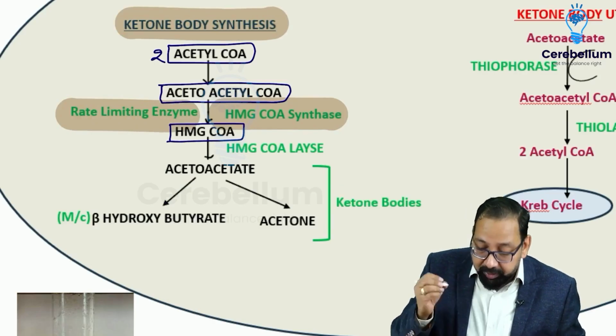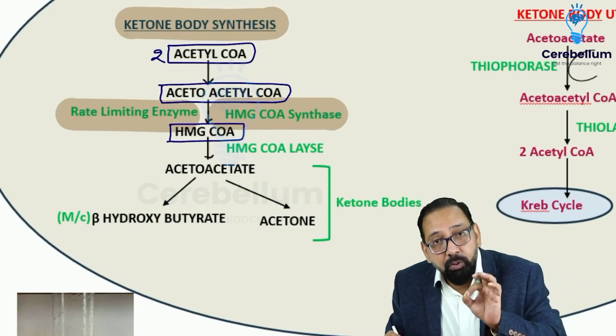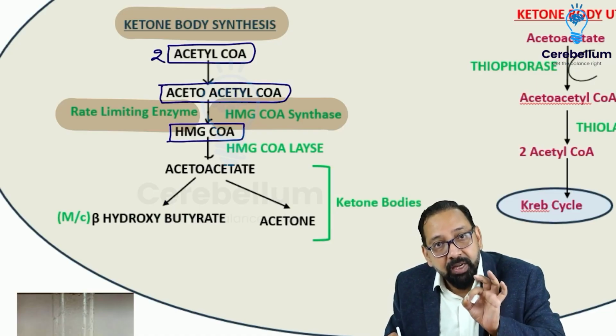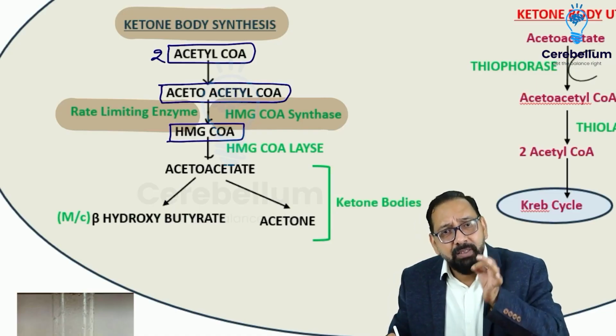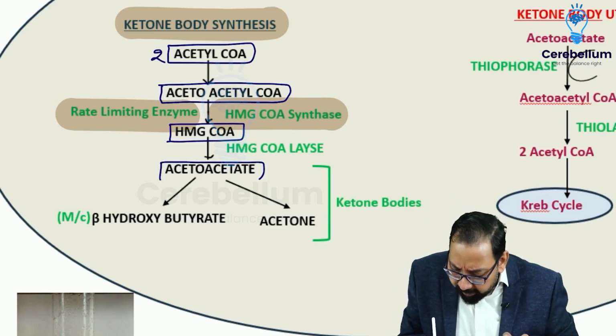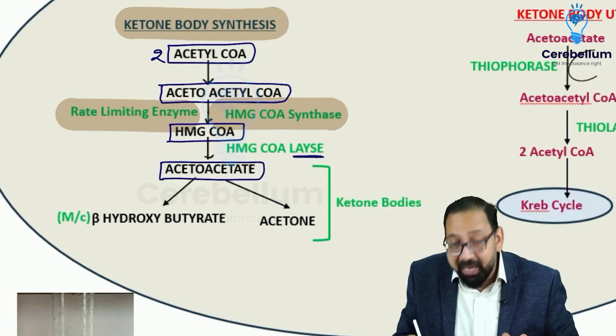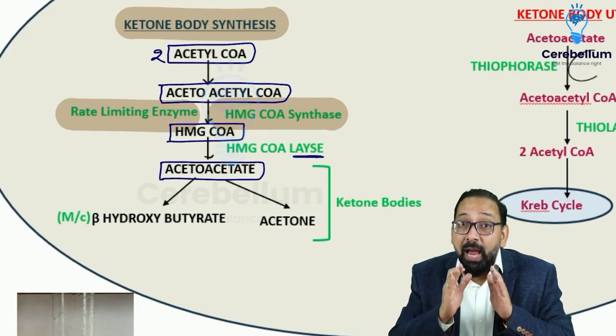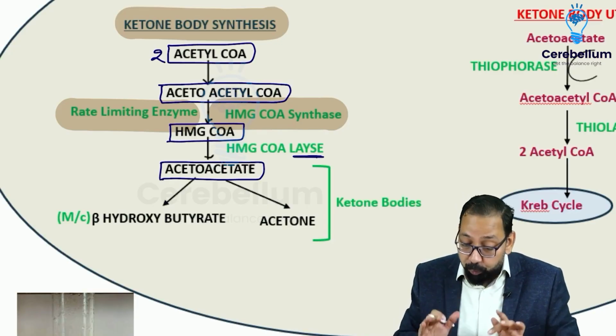This HMG coenzyme A is converted to acetoacetate by HMG coenzyme A lyase. It will be cut and it will produce acetoacetate, the first ketone body to be synthesized.